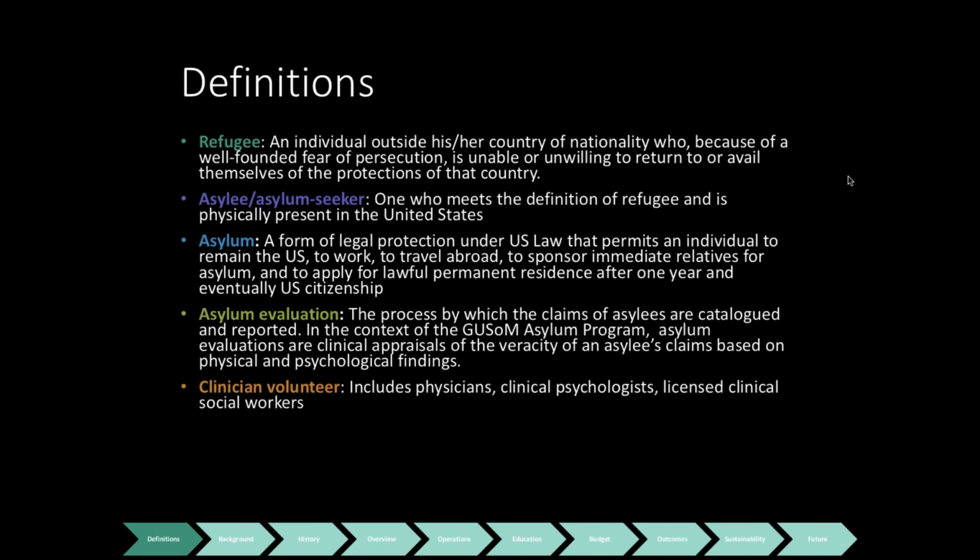This group includes physicians, clinical psychologists, licensed clinical social workers, and some other groups. All of these definitions were provided by the Physicians for Human Rights Examining Asylum Seekers Guide, which is a really handy book for those of you interested in human rights work, and I would definitely urge you to take a look at it online. Just go to their website and search Examining Asylum Seekers Guide.